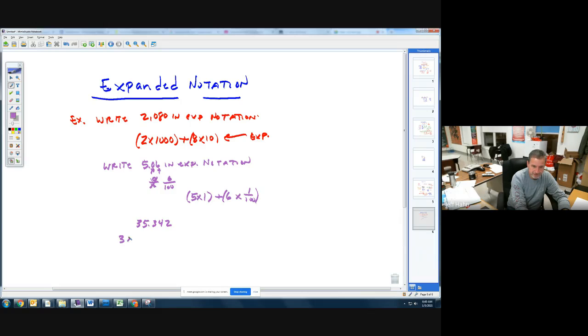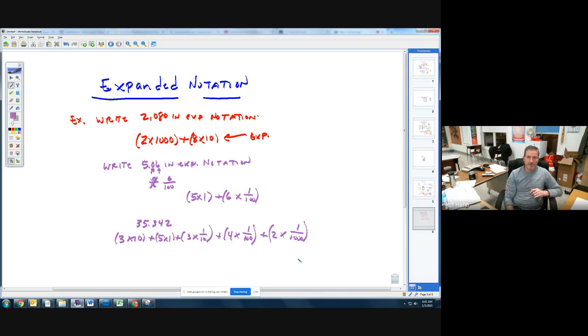It would be 3 in the tens place, so 3 times 10, plus, again, a 5 in the ones place, so it's 5 times 1, plus this 3 is in the tenths place, so it's 3 times 1/10, plus 4 in the hundredths place, so it's 4 times 1/100, and then the 2 is in the thousandths place, so it's plus 2 times 1/1,000. So there is your expanded notation with decimals.